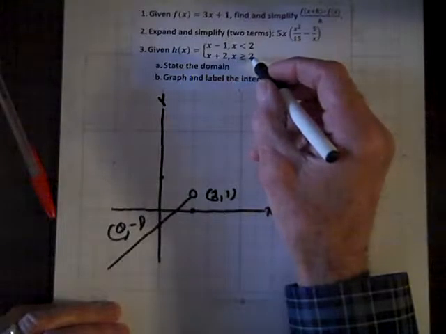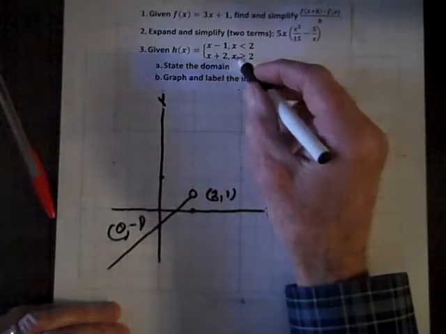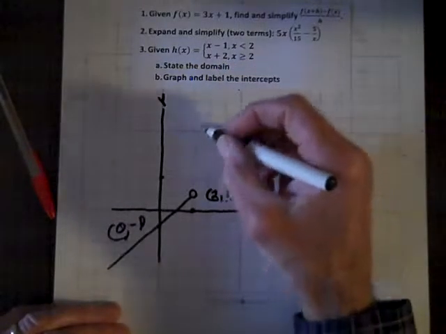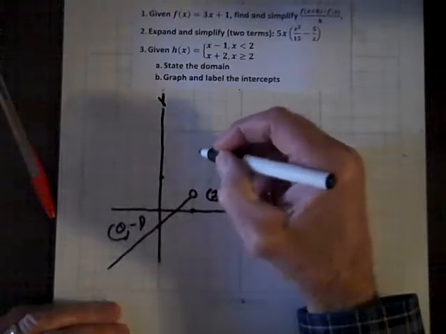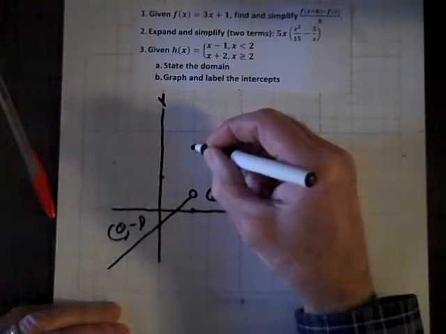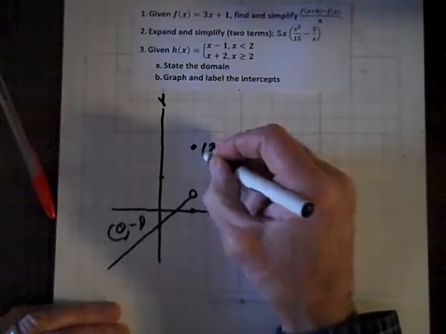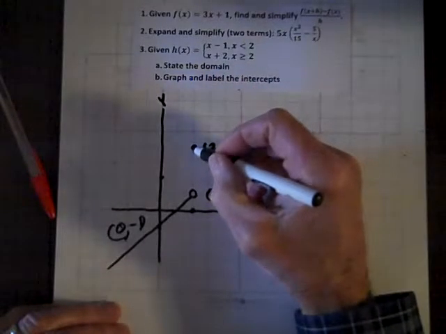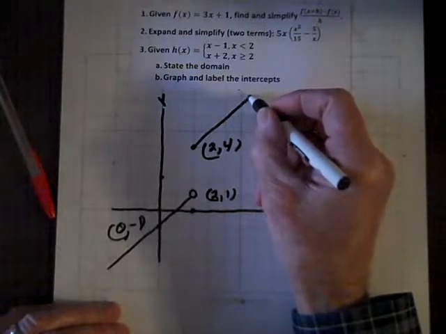So when we let x equal 2, which is the leftmost x-coordinate for which this is defined, 2 plus 2 is 4, so we'll start at 2, 4, and the slope is 1. So there we have it.